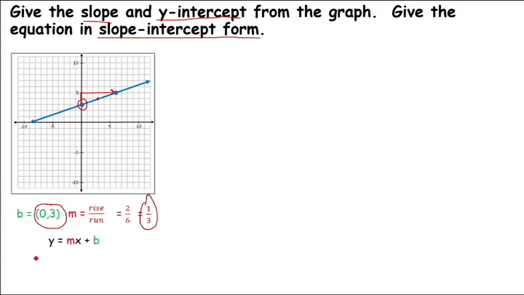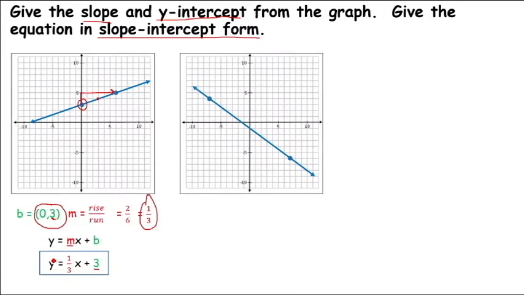Remember, slope-intercept equation says y equals the slope times x plus the y-intercept. So our solution here, y equals 1/3 x plus 3. Notice when we write the equation, we just give the 3 because if I stick a 0 in for x, 1/3 times 0 plus 3 would give me the y. Does that make sense?